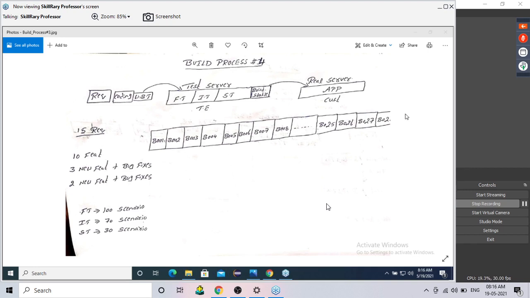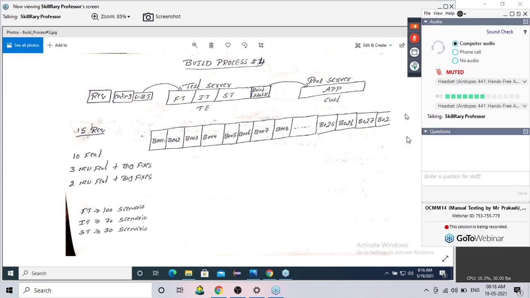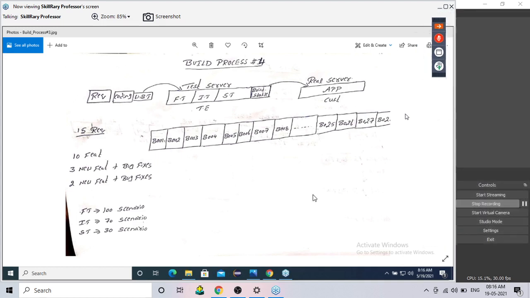Functional, integration, system is always done in a sequence. What is the meaning of it? It means one by one: until functional testing is completed on all the modules, we cannot go for integration testing. Same story, until integration testing is completed on the necessary modules, we cannot go for system testing.